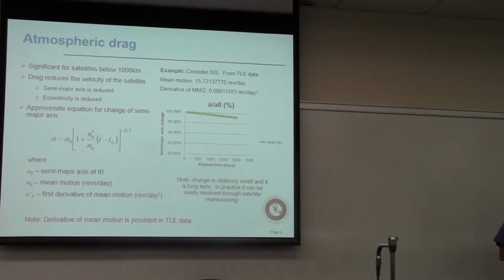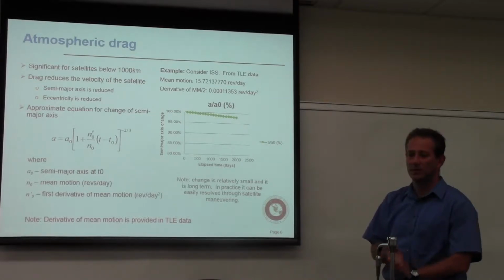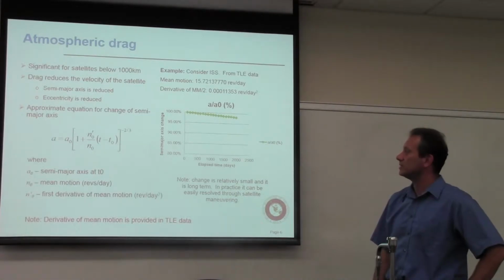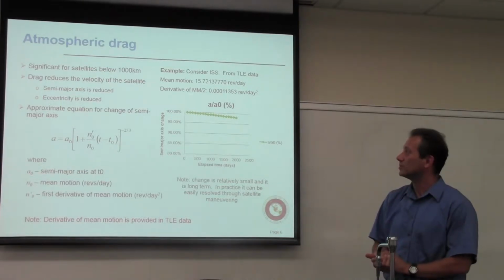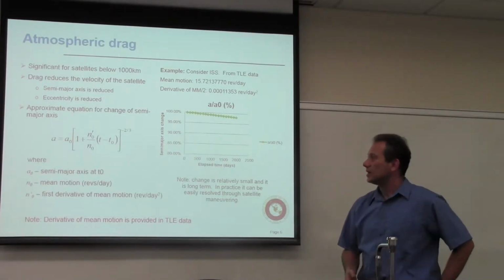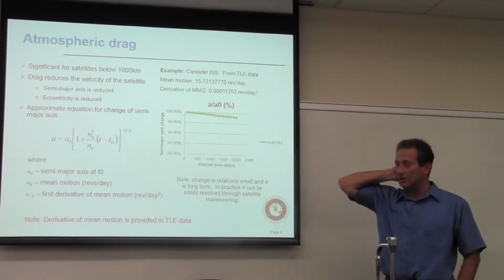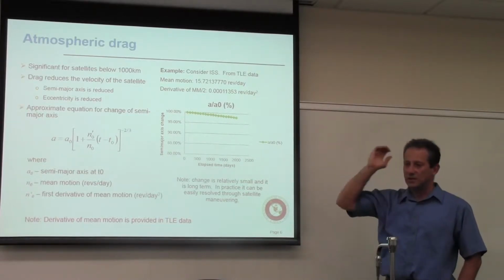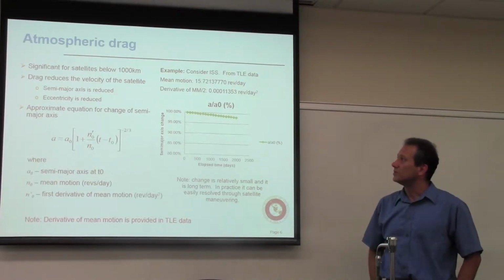Atmospheric drag: I have decided to put a slide on this one because if you look at the TLE data, this one is explicitly modeled. In the two lines that we obtained for the International Space Station, you may wonder why there is a first derivative of the mean motion. It turns out that because the International Space Station is at quite a low altitude, at the edge of the atmosphere, there is some drag from the atmosphere itself.